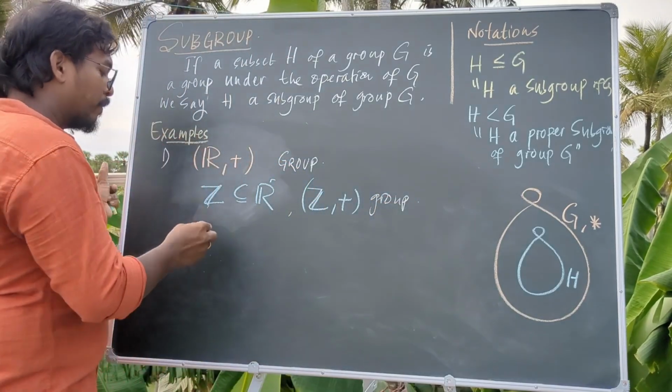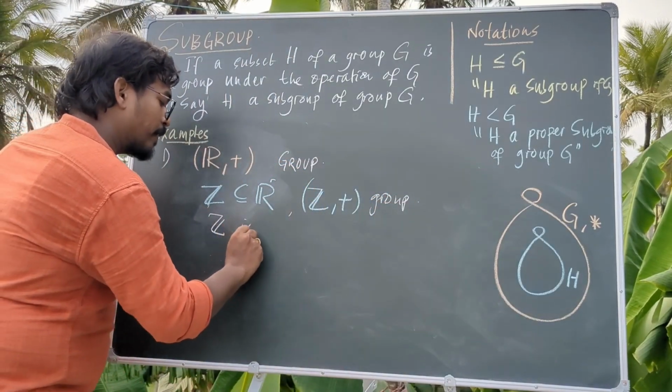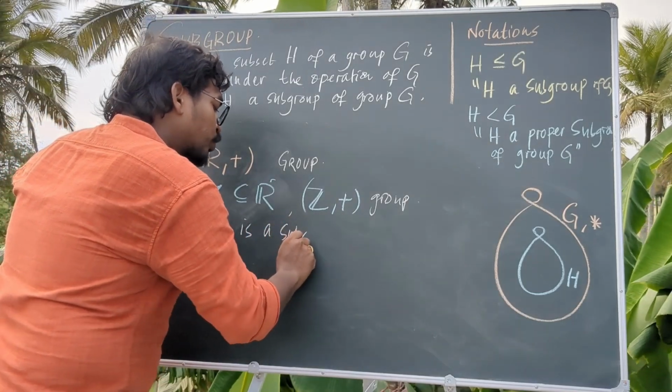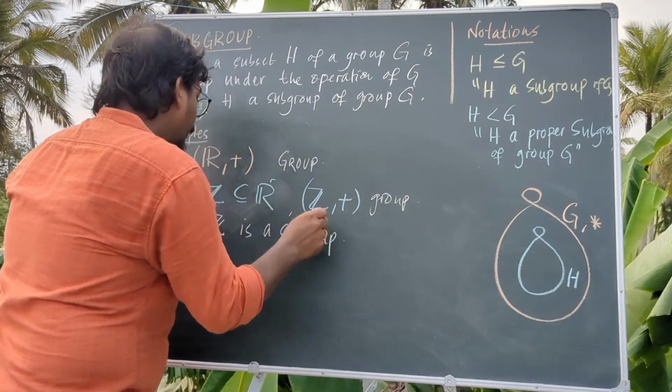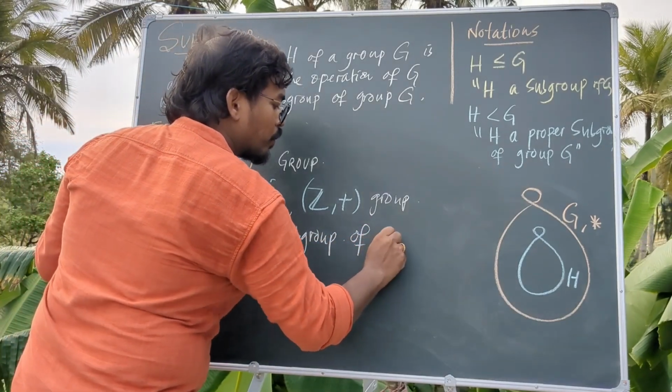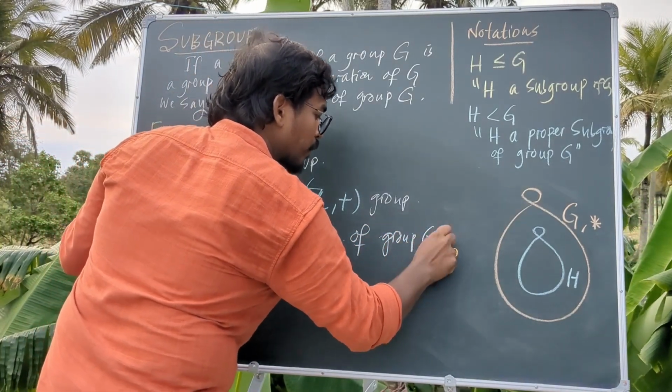So we can say that the set of integers is a subgroup of this group G.